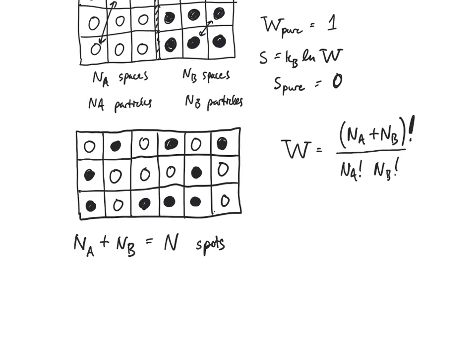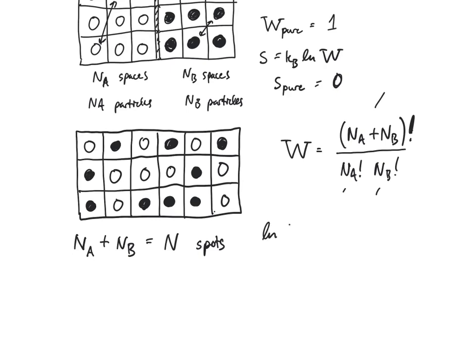What this just means is how many ways are there to arrange two types of objects in a certain number of places, where here are the two objects and here are the number of places that the system can be arranged as.